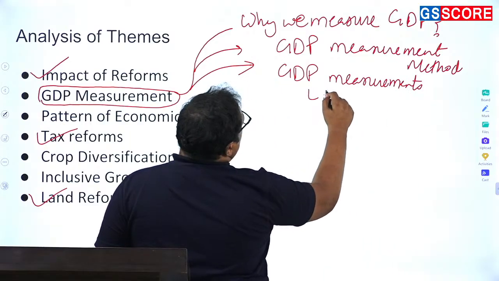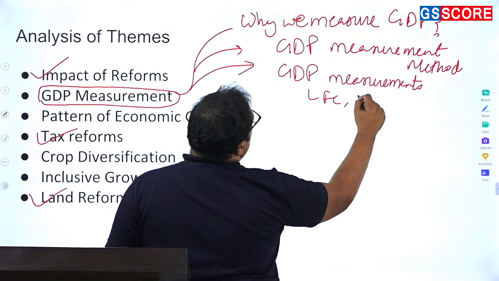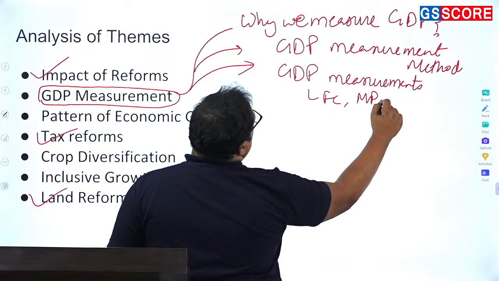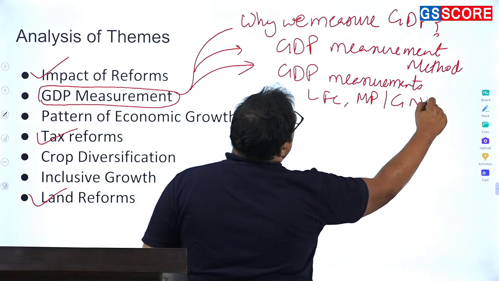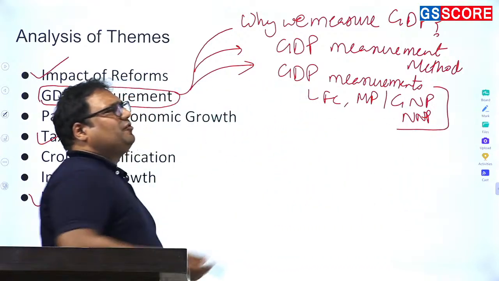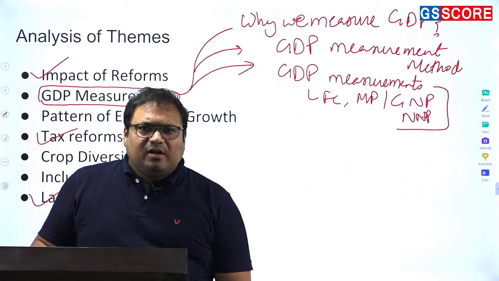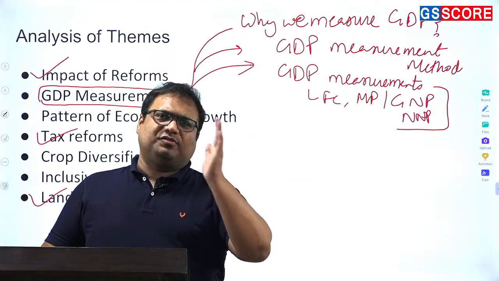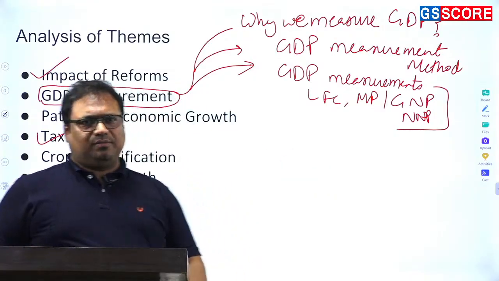So GDP at factor cost, GDP at the market price, then you have GNP, you have NNP, and likewise there are multiple measures. Why do we need multiple of them? How is each of them different from the other?